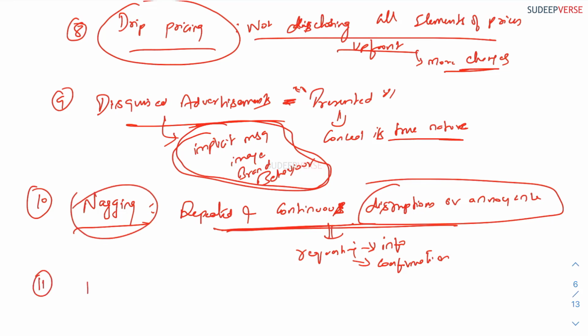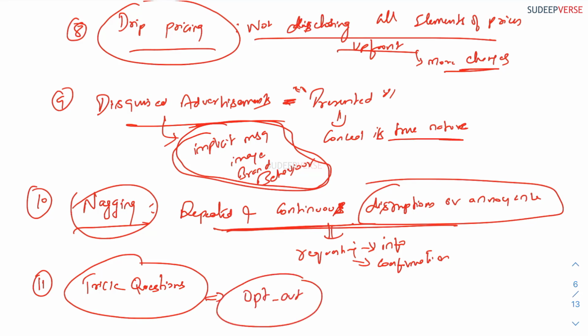The 11th is asking trick questions. You're tricking the user and asking questions. For example, let us say you want to opt out of a subscription. When you want to opt out of a subscription, there can be an option called yes or no. But what will they do? They will not give you this straightforward option. They'll give you yes, you want to opt out, and not now.